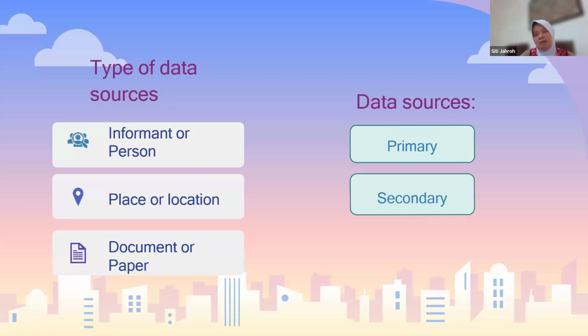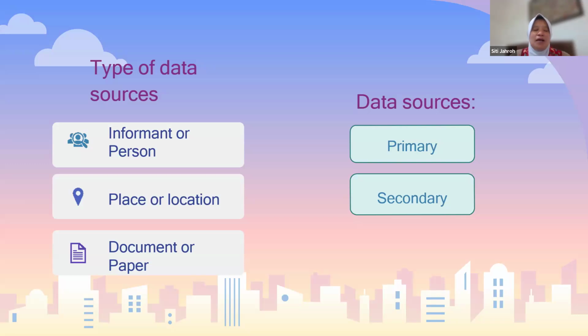Let's get back to the PowerPoint. So mainly there are two types of data: the primary data and the secondary data. In order to get the data, you need the source. Who are they? Are they the informant, the person that you would like to interview, for instance?